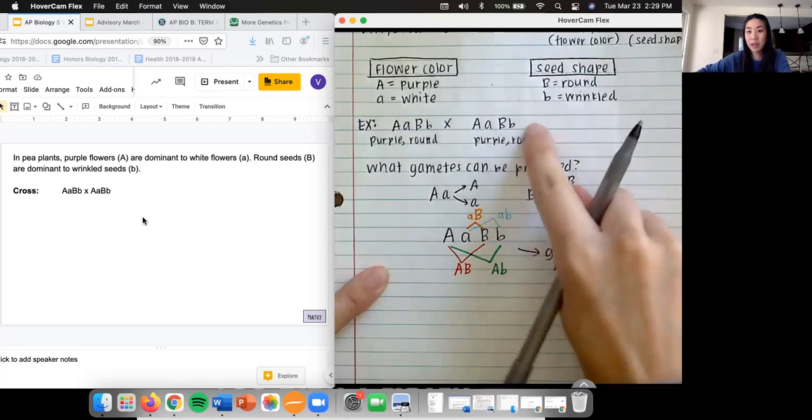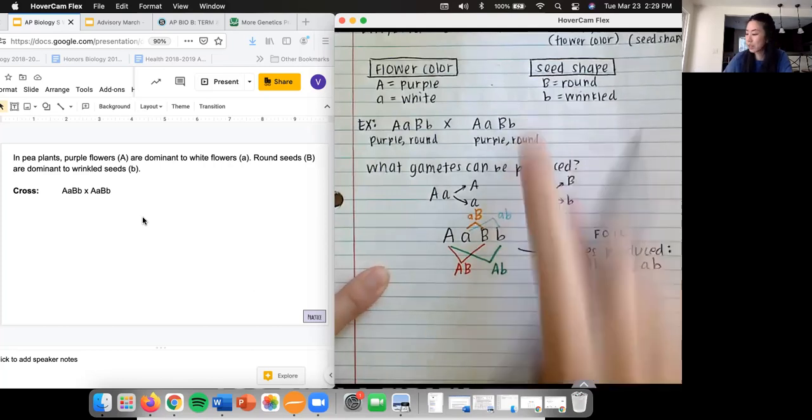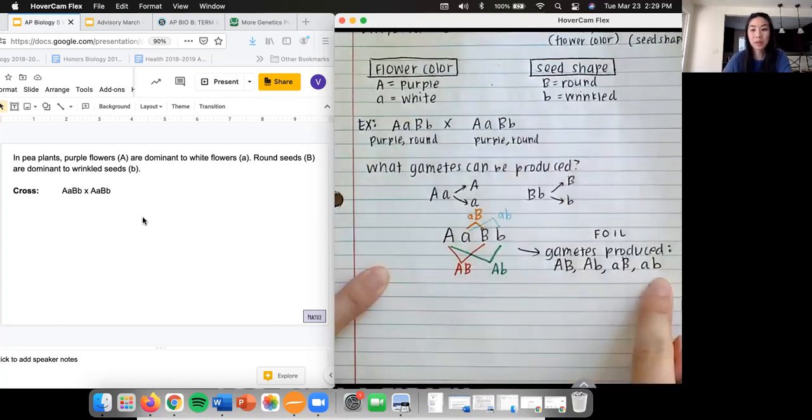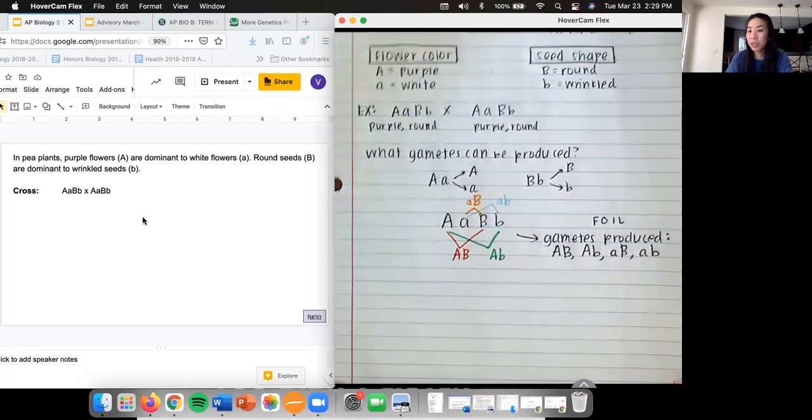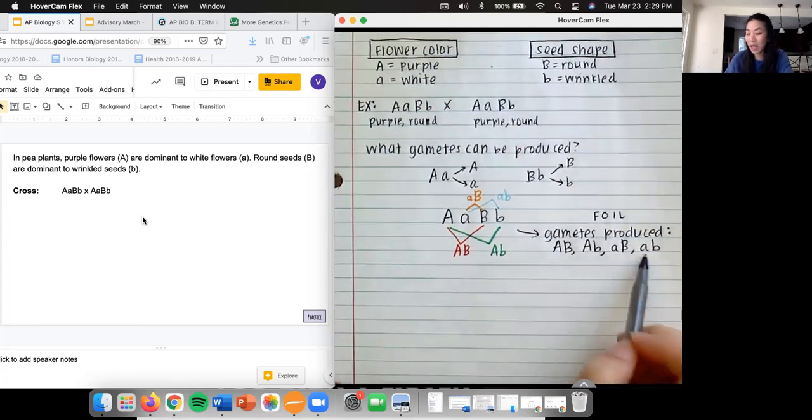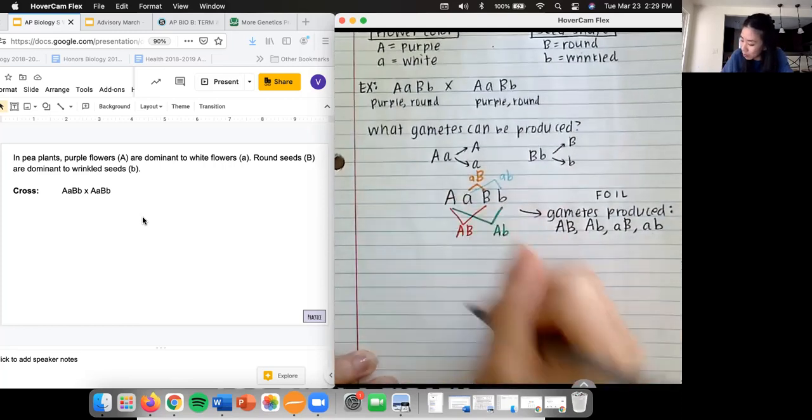Since the other parent is the exact same, it's going to be the same gametes produced. All right. So now these are the different gametes for each parent, and you're going to make a huge Punnett square.